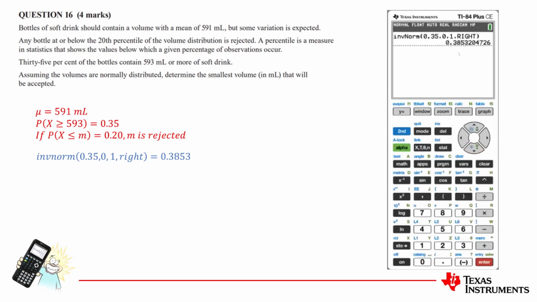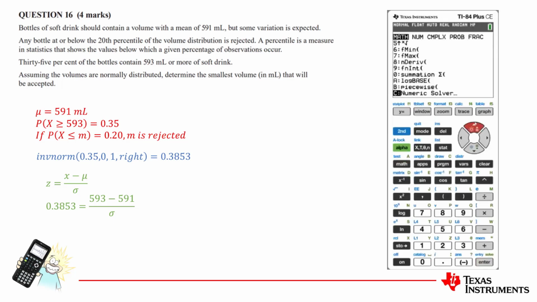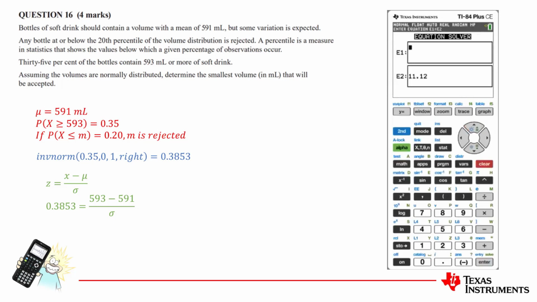Now, what's the point of that, you might ask? Well, now I can use my z-score formula, which is x minus the mean divided by the standard deviation, to solve and find what my standard deviation is, because I wasn't given that information in the question. So from here, we might do this using the numeric solver as well. In here, I can make my equation 593 minus 591, which is just 2.